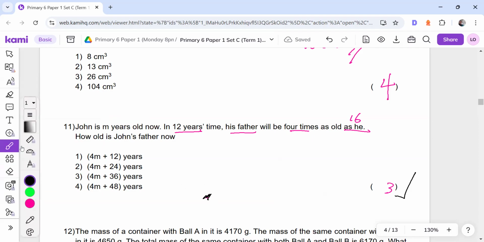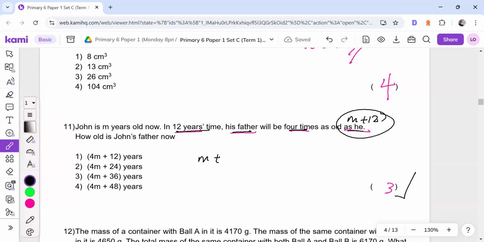So what do you do if you find it a bit hard to use the primary tree method? Simple, look carefully. John is m years old now. In 12 years' time, his father will be 4 times as old as he. So can you find how old John is in 12 years' time? Just write on top. This is how you can do well for algebra. Put the person's age on top, and then the father will be 4 times, so you must times 4.